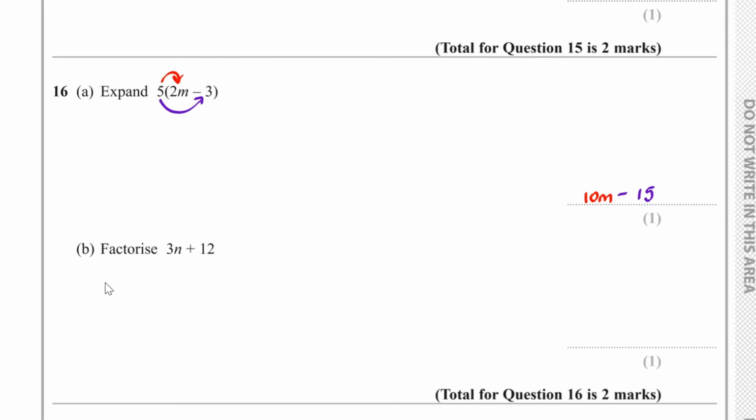For part B of the question, we have to factorise 3 lots of n plus 12. In terms of numbers, what's the highest common factor of 3 and 12? That would be 3. So then we open up our brackets, and then we think to ourselves, 3 times by something gives 3n. Of course, that's just n. 3 times by something gives 12. That something would be 4. So we have 3 lots of n plus 4.